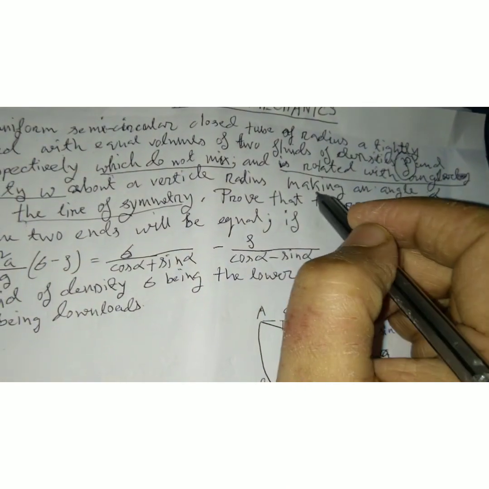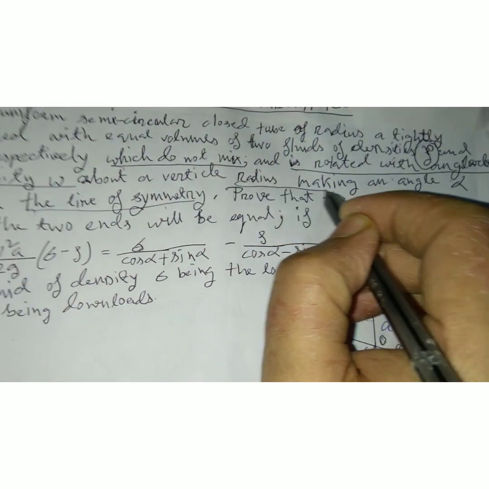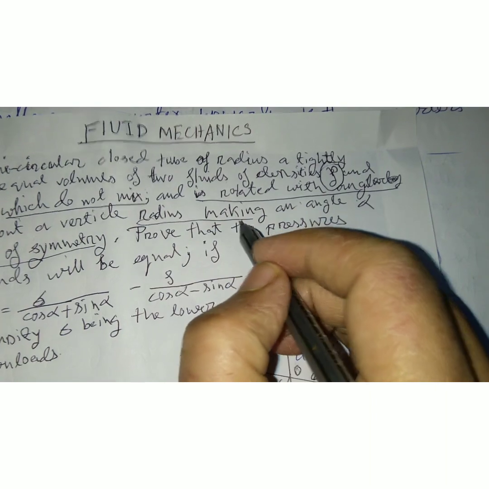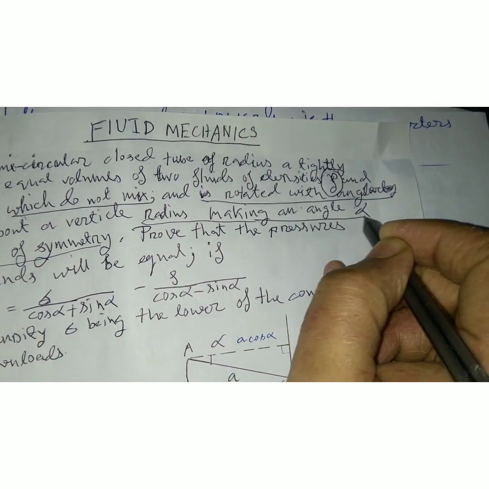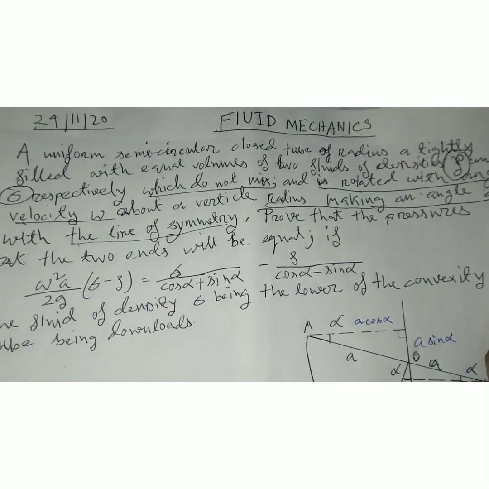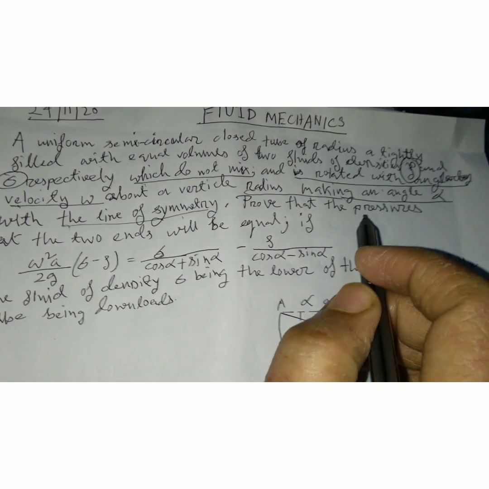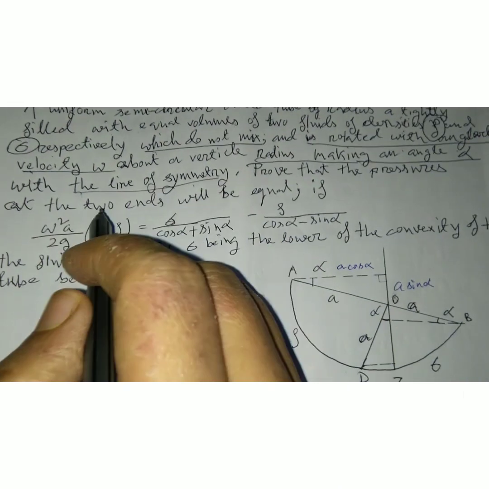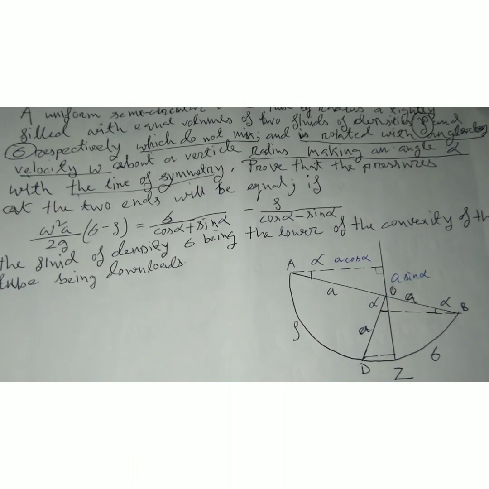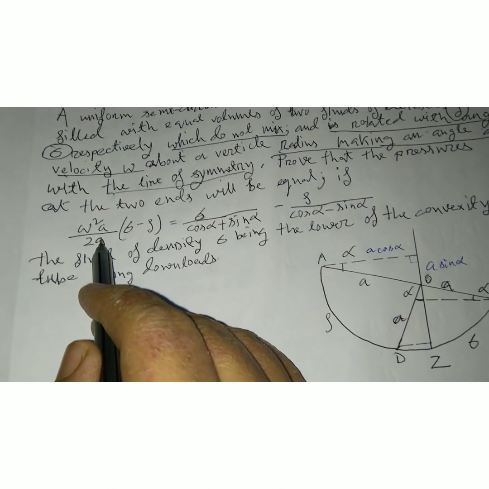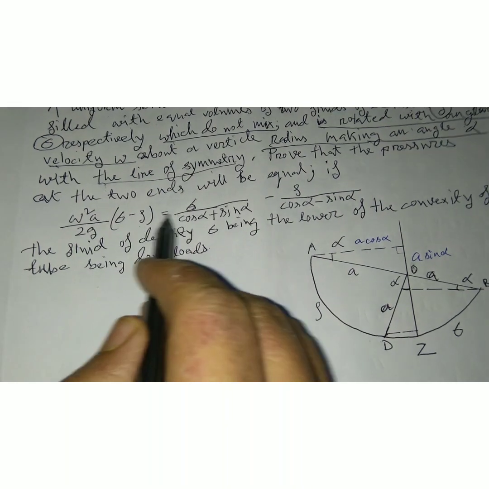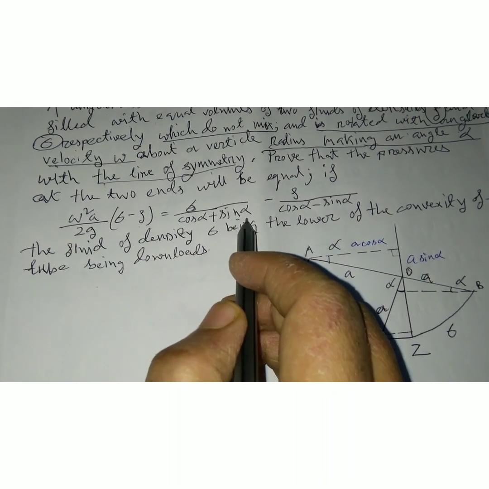This is also important, the radius making an angle alpha. Prove that the pressures at the two ends will be equal if omega square a divided by 2g into sigma minus rho is equal to sigma into cos alpha plus sin alpha minus rho into cos alpha minus sin alpha.